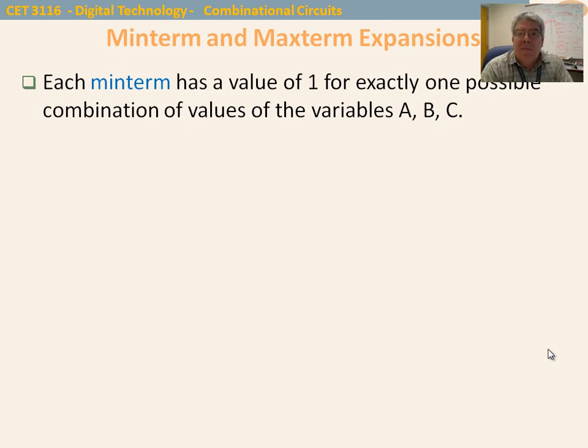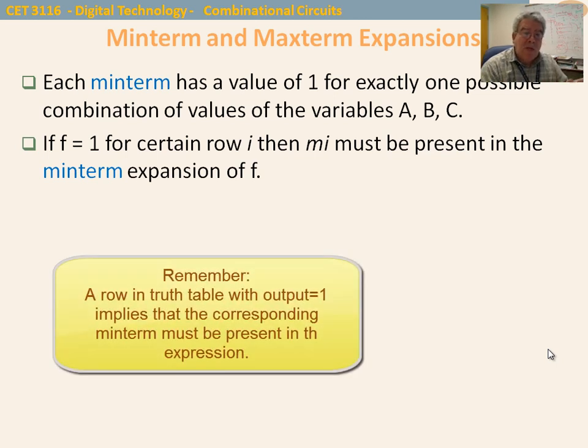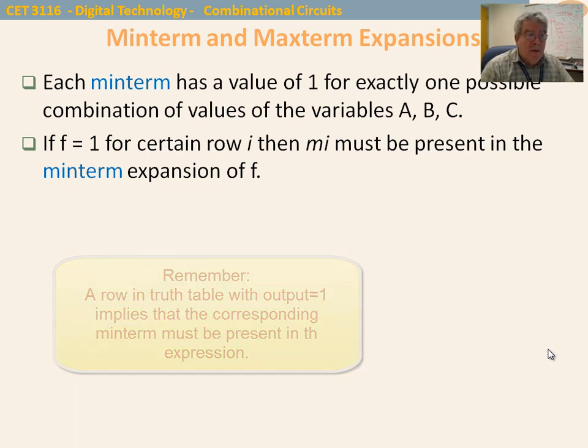Relationship: each minterm has a value of 1 for exactly one possible combination of values for A, B, and C. Okay? Now, if my function is a 1 according to the truth table, in the row that I'm using, then the minterm mi must be present in what is known as the expansion of f, or the representation in terms of minterms of the function f.